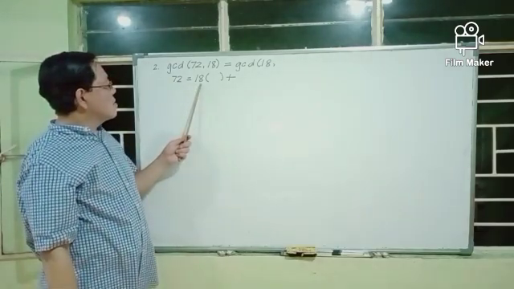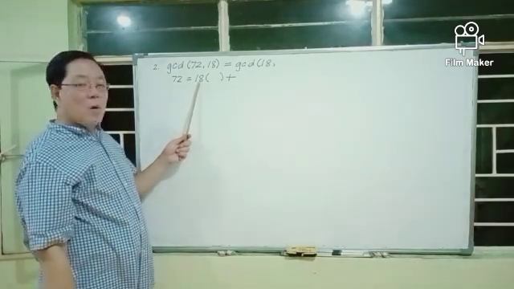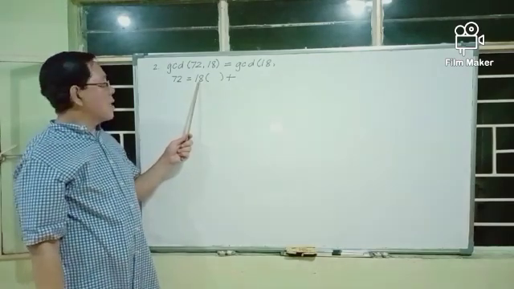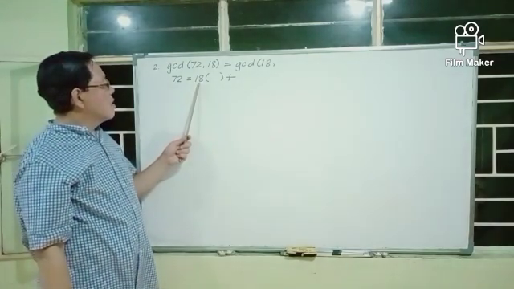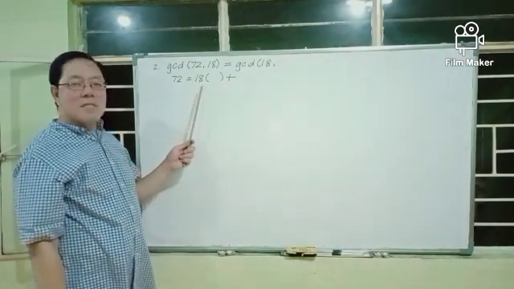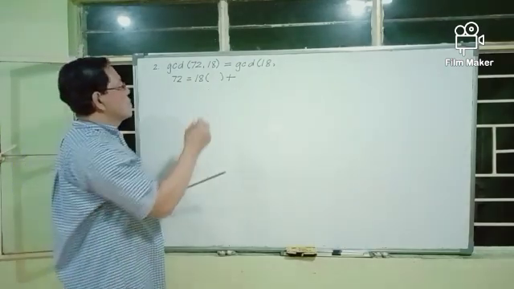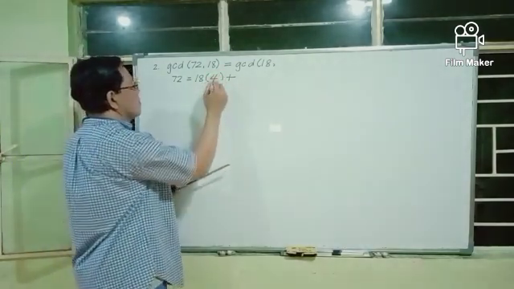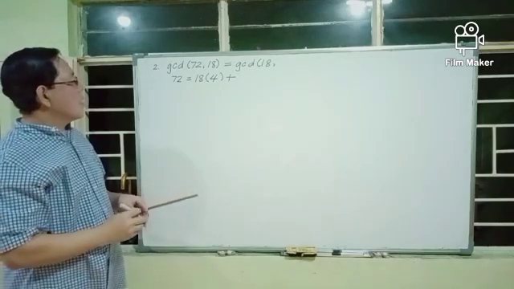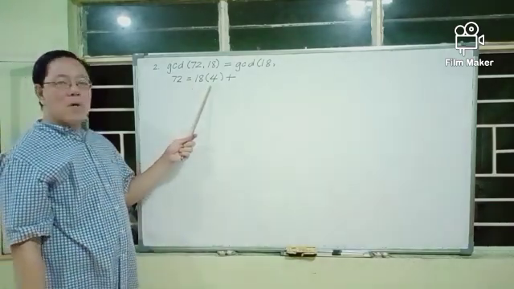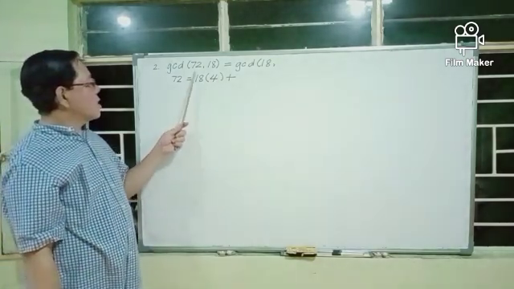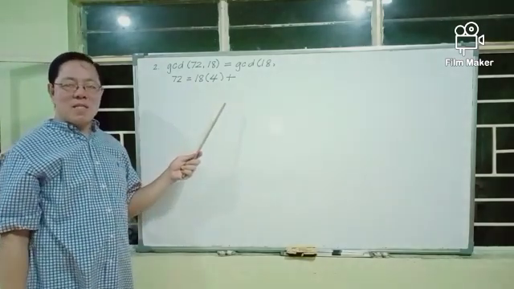Suppose we try 4. 18 multiplied by 4 is 72. Exactly 72.